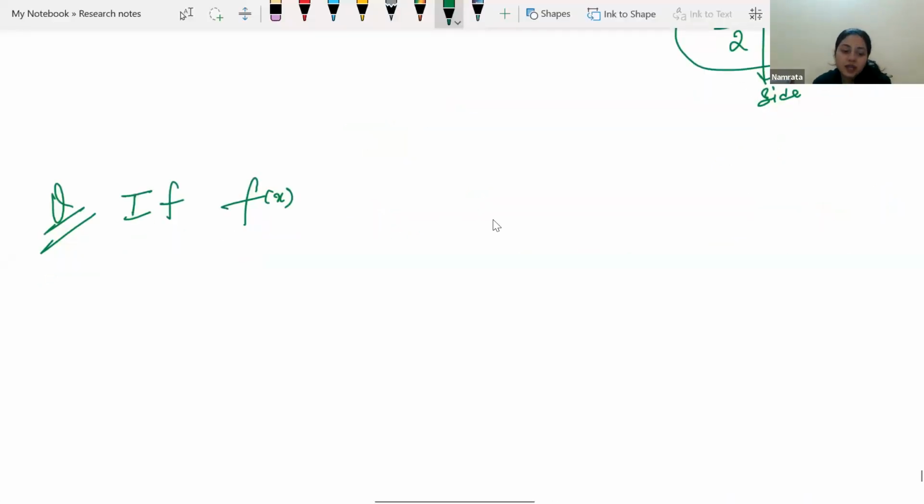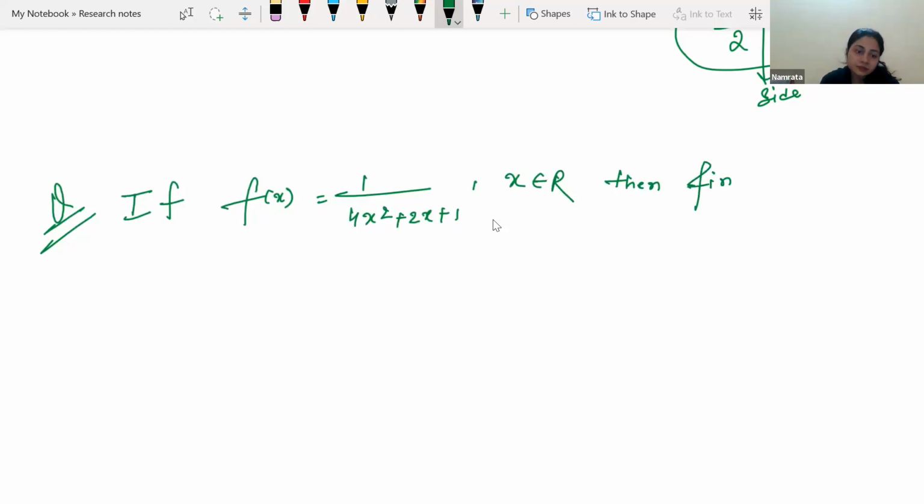So the next question we are having is, if f of x is equal to 1 by 4x square plus 2x plus 1, where x belongs to real numbers, then find the maximum value of f of x.